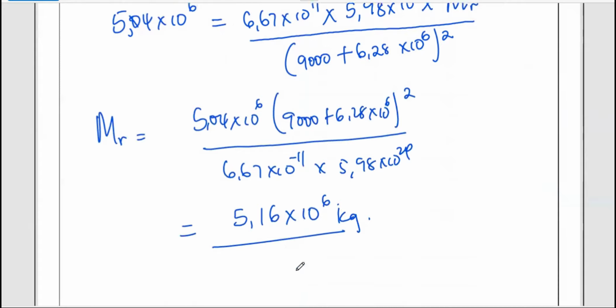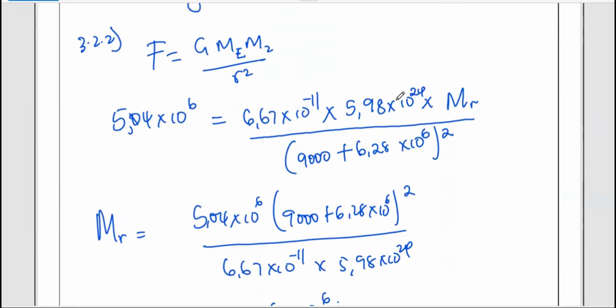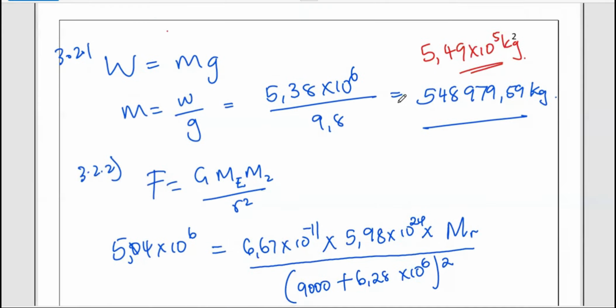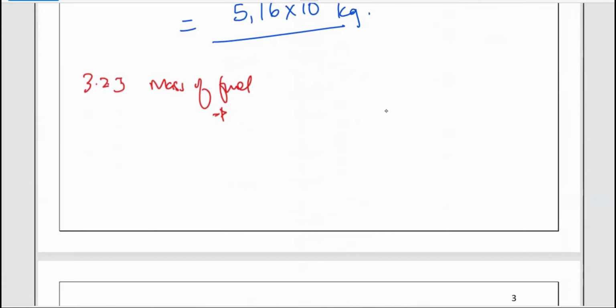So we're saying 3.2.3. The mass of the fuel is going to be the initial mass, which was 5,49 times 10 to the 5. We are subtracting 5,16 times 10 to the 6.